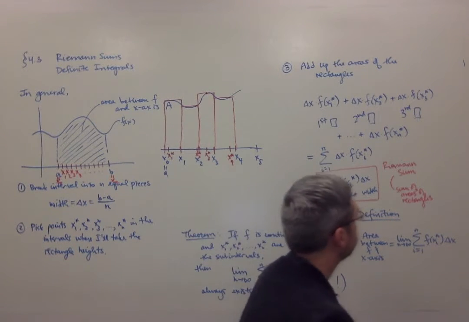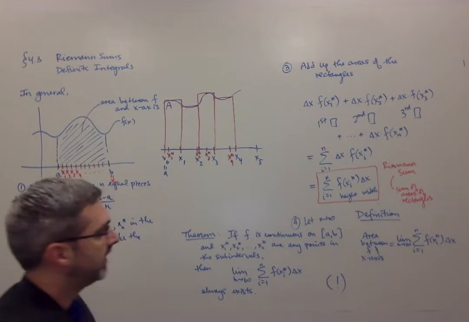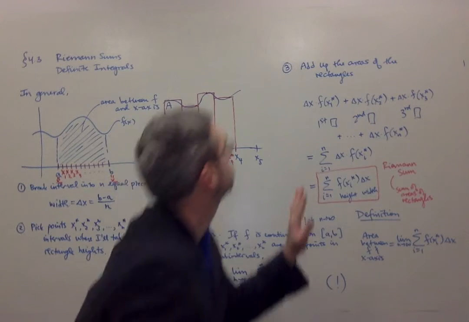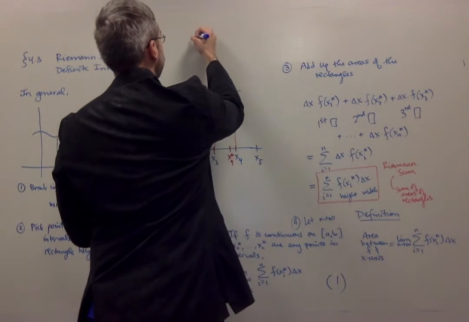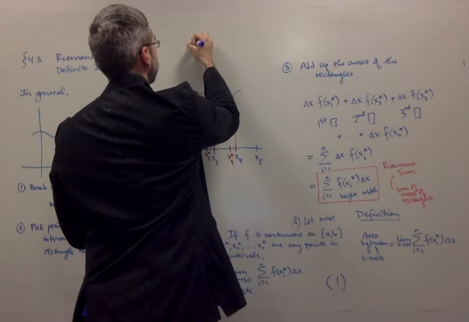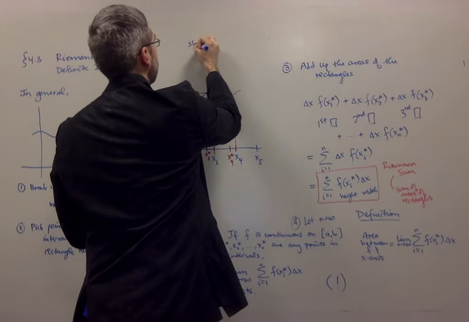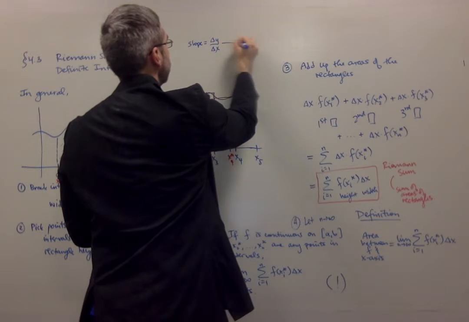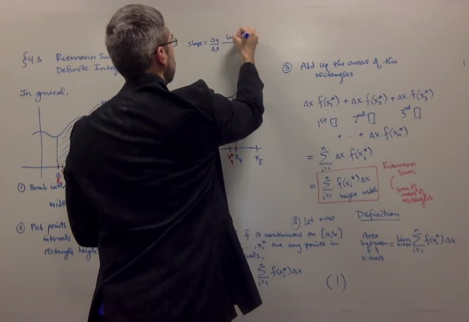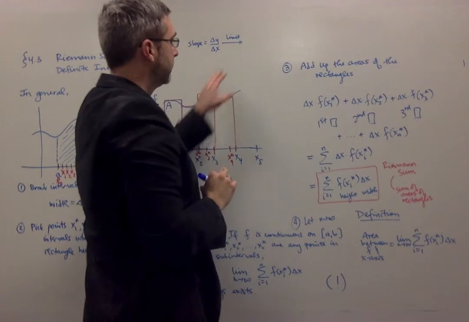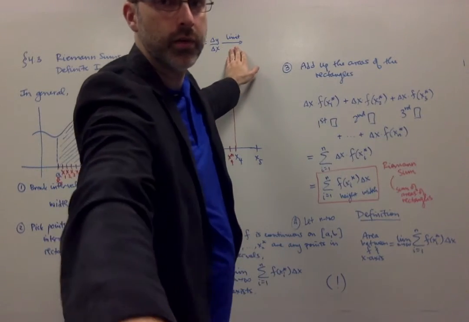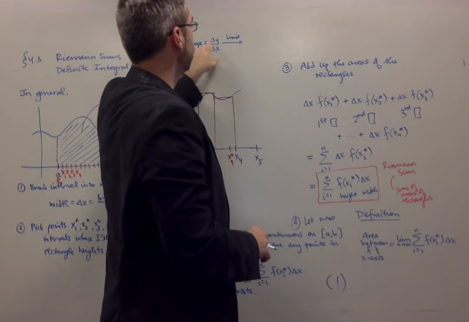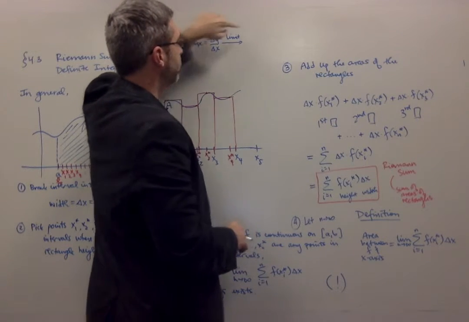Now, in order to understand this, remember that when we had derivatives, we took a slope, which was the change in y over the change in x, and then when we took a limit, remember when we take limits, I mentioned this before, to notate that we took a limit, we generally take Greek letters and turn them into Roman letters.